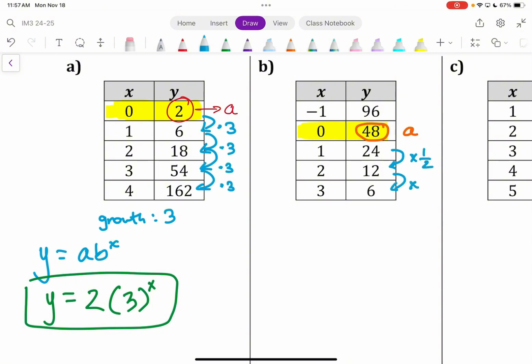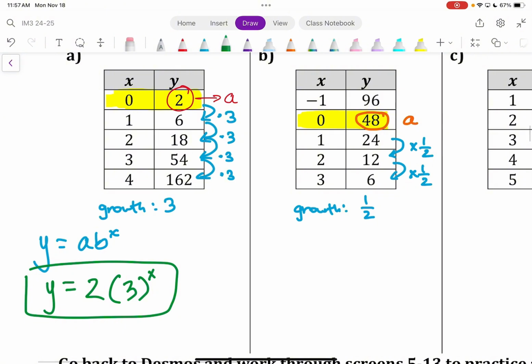12 times 1/2 is how we get to 6. So my growth here is a half. I'm growing by a factor of a half, meaning essentially I'm cutting the next number by a factor of a half. When I write my answer, then, once again, I'm using the format y equals a times b to the x.